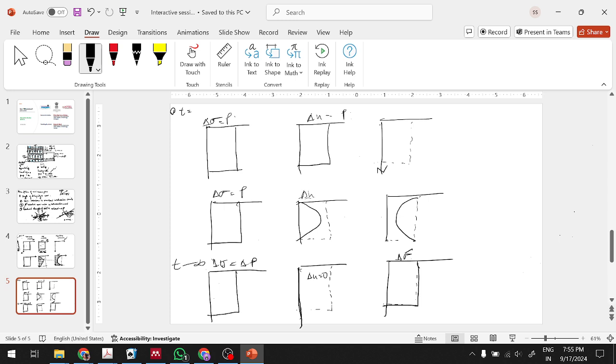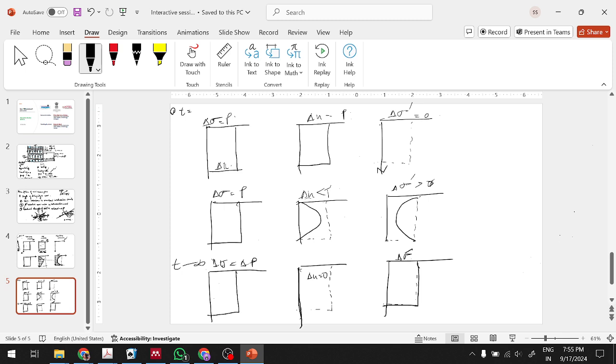Here delta u will be less than p. Yeah, delta sigma dash will be 0 and delta sigma dash will be greater than 0. Okay, so this is how the pore water pressure inside the soil sample is changing with time.